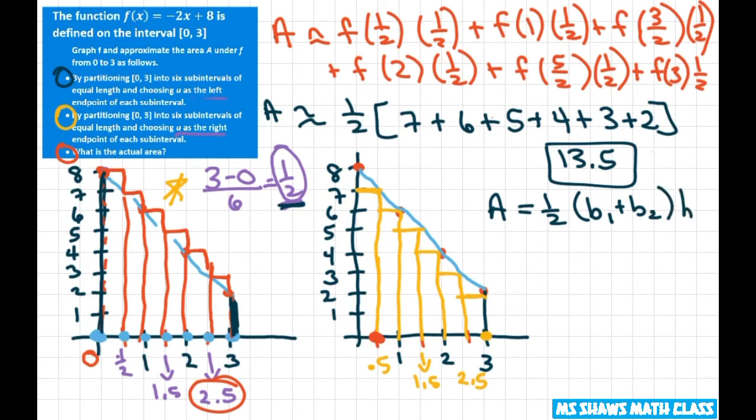And since it's sideways, our height is really going to just be 3. You just kind of visually turn it around. So this is going to equal 1/2 times 2, because this length here is 2, plus 8, this length is 8, and then your height is 3. So our actual area is 15.